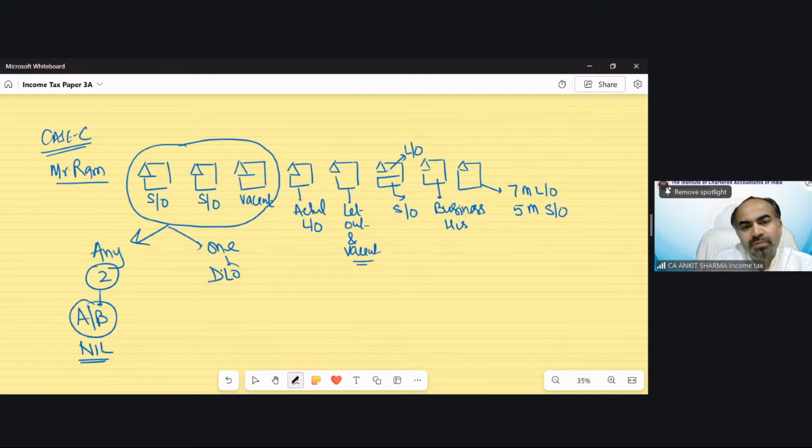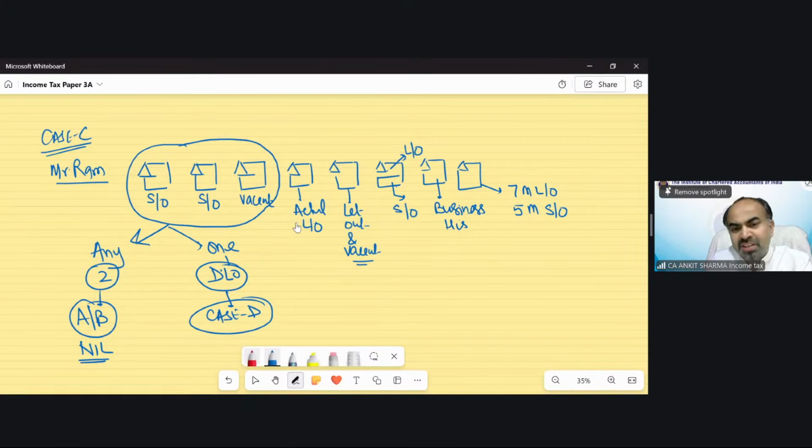So out of these 3, 2 are going to be solved like that, and any 1 will become deemed let out. And the deemed let out case is the next case D. You will see how to solve it as per case number D. So C is just going to tell you which case is solved as per the provisions of which concept.